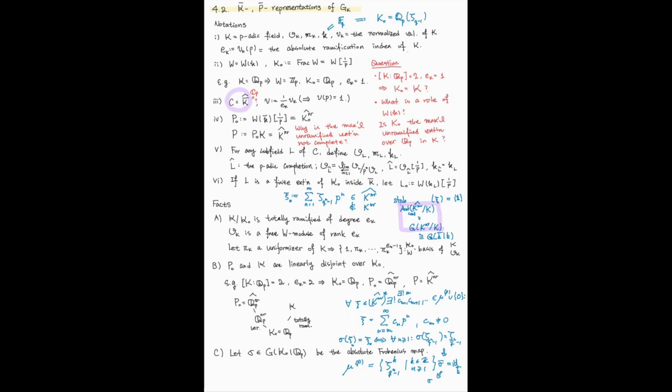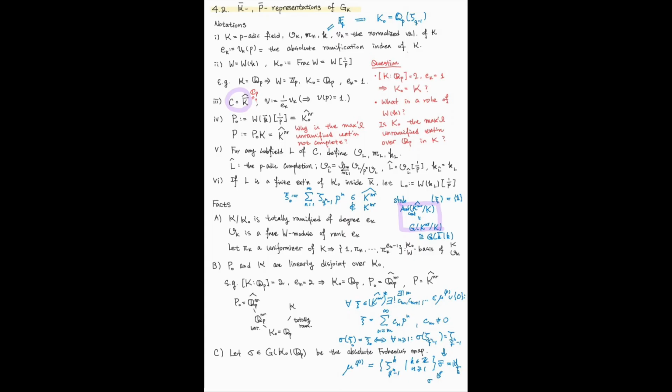And P0 is P0K, so this is equal to the completion of K, the maximum unramified extension of K. And for any subfield L of C, we can also define O_L and M_L and the residue field k_L. L hat is just the p-adic completion, satisfying the following.